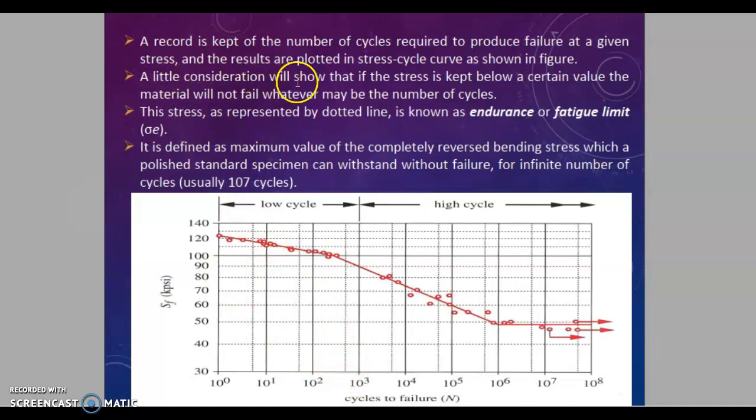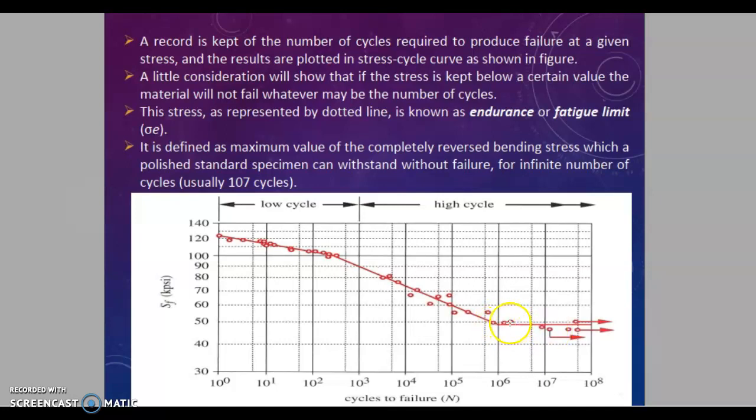A little consideration will show that if stress is kept below a certain value, the material will not fail, whatever may be the number of cycles. This stress, as represented by the dotted line, is known as the endurance or fatigue limit, that is sigma E. So this is the value of sigma E here, for this specific material having a specific diameter.